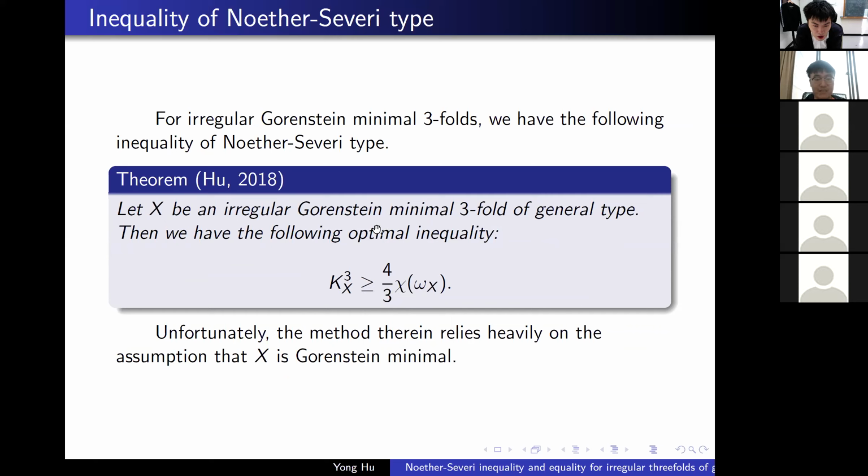Here, Gorenstein means that the canonical divisor of X is a Cartier divisor. And the method I used to prove this theorem relies heavily on the assumption that X is Gorenstein minimal.